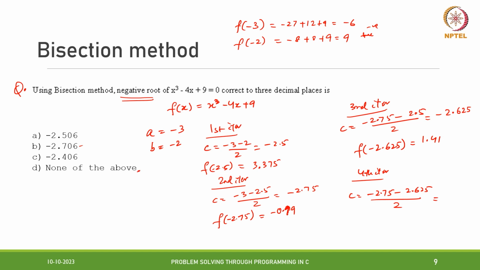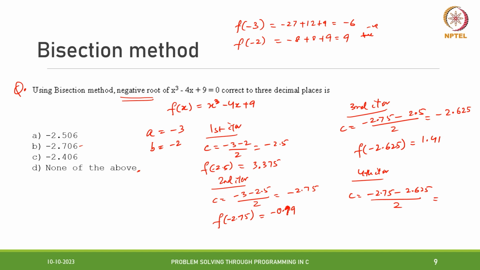But because of the none of the above option, you have to go and do a few more iterations and check whether it's actually settling down at this. Or you can just put this value in. You have now seen that it could be minus 2.706 or none of the above.